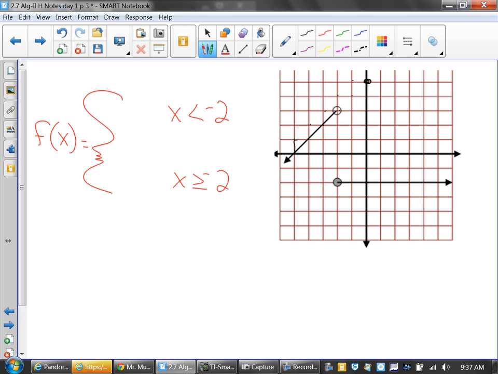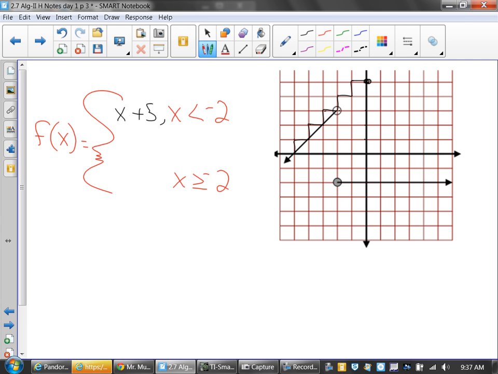So I know my slope is how much? 1. I know my slope is 1. And I know that I have a positive value for my y-intercept. My b value is positive. x minus 5. And there's my equation. I'm taking what I have as far as the graph is in front of me, and I'm walking my slope to find the intercept. Okay?